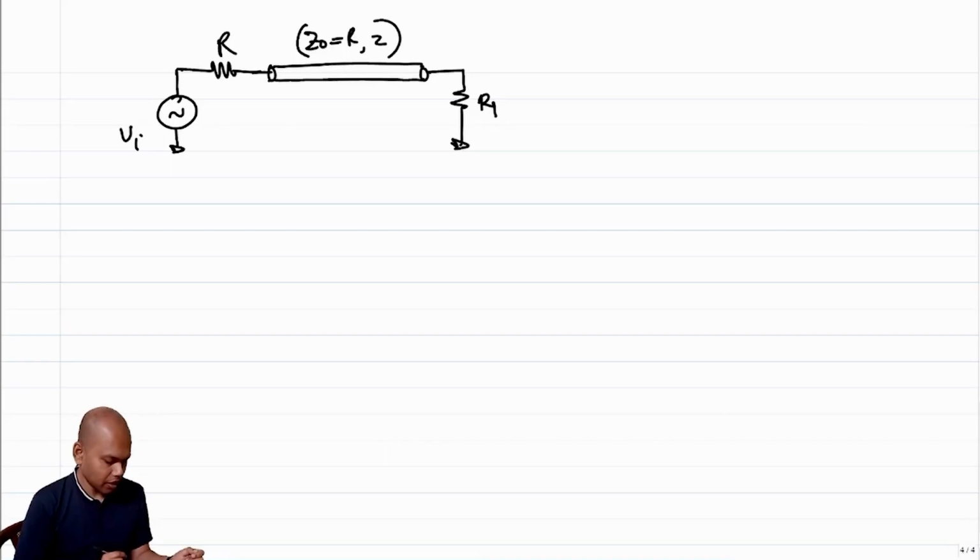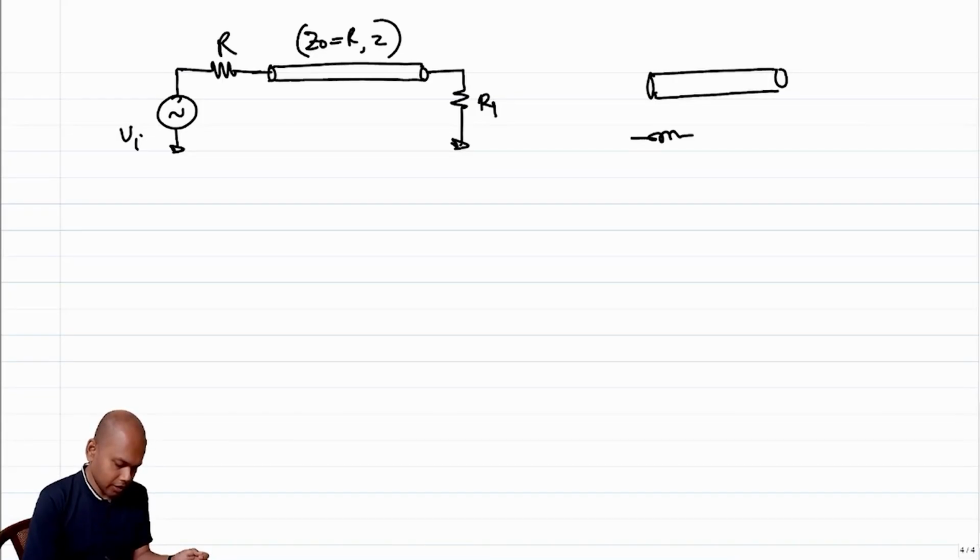By the way, I probably have not stressed this before, but what you should always keep in mind is that a transmission line is essentially a set of LC sections.